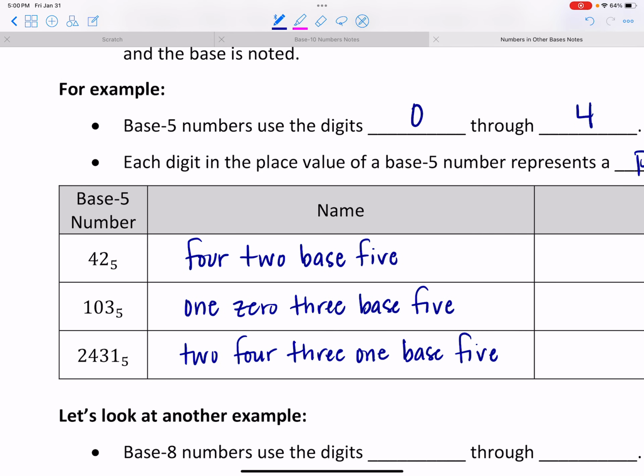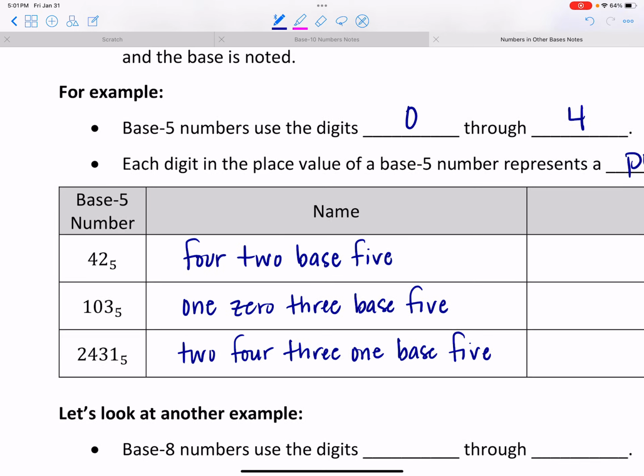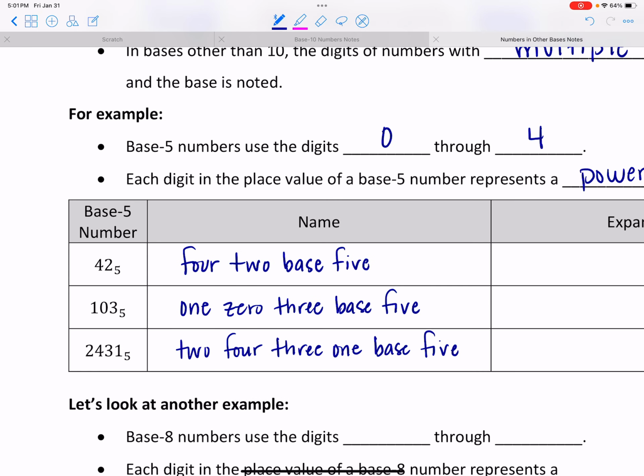Now, what does it mean when we're looking at 4, 2 base 5? Again, if this is a base 5 number, it means that each of those digits represents a power of that base, so a power of 5, starting at 0 and working upward. So if it was 42 base 10, for example, then I know that this is 4 times the power of 10, and that's to the first power, and then the 2 would be 2 times 10 to the power of 0.